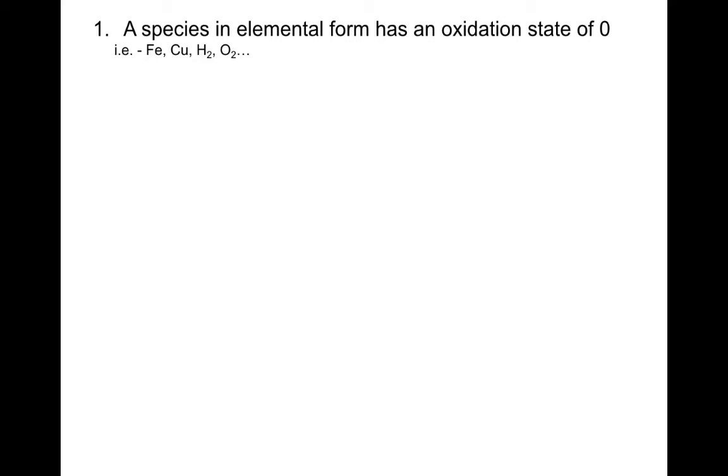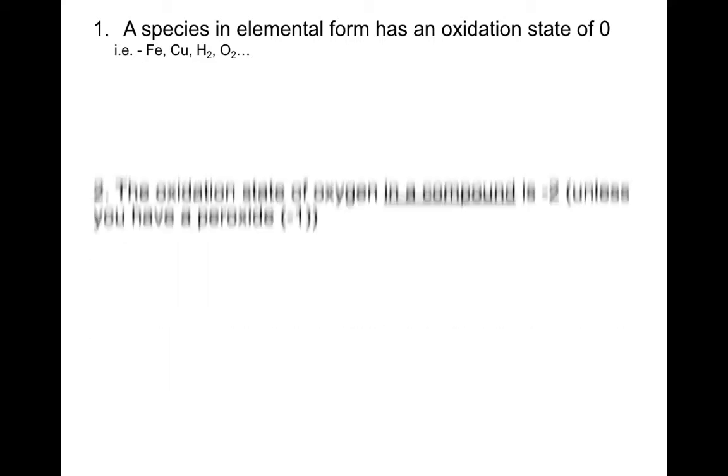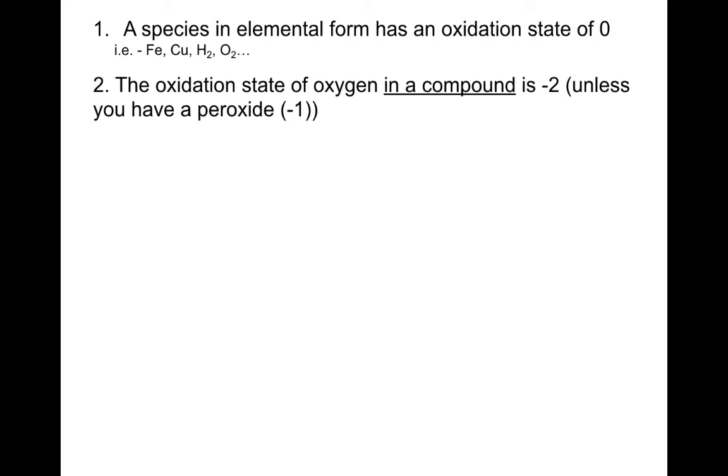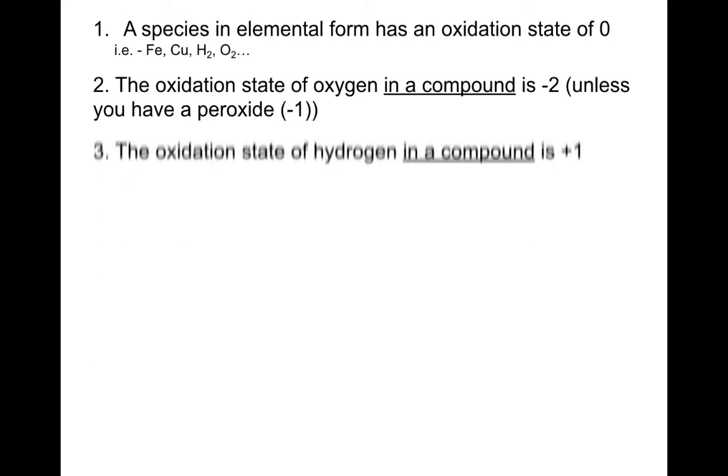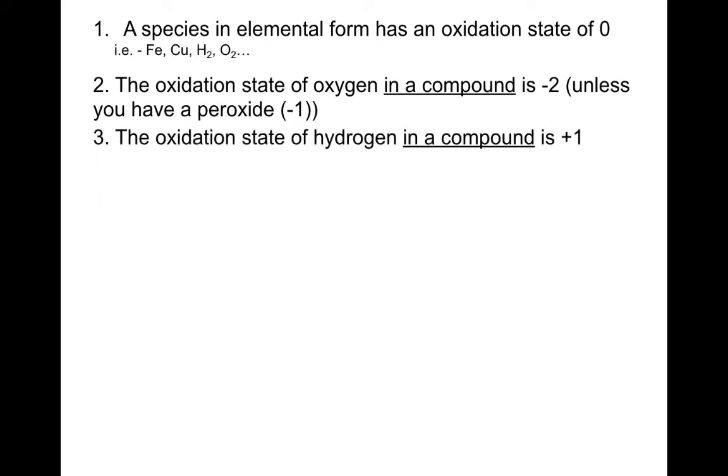We would assign it an oxidation state of 0. The oxidation state of oxygen in a compound, not by itself, but in a compound, is usually -2, unless it's part of a peroxide, in which case it's -1. The peroxide cases are pretty rare. If you have hydrogen that is in a compound, we assign it an oxidation state of +1.